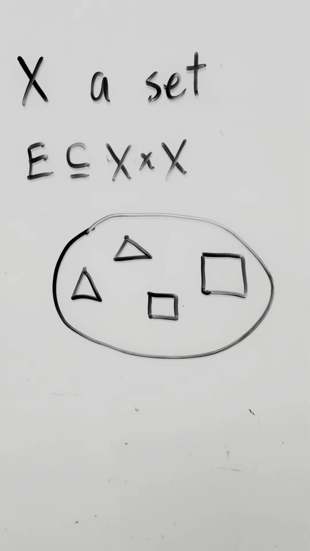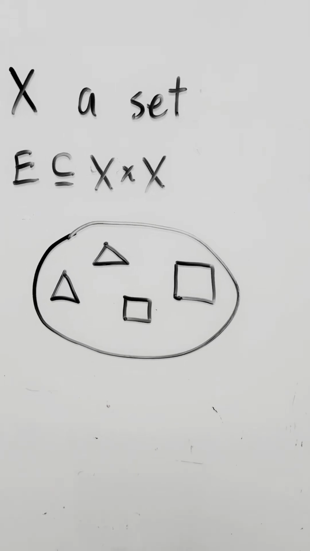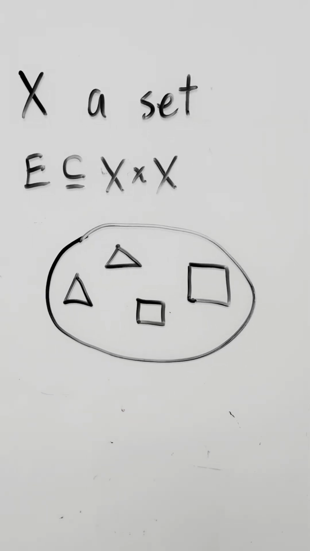The way we can encode this information is to make a list of ordered pairs of all the objects that are equivalent to all the other objects.